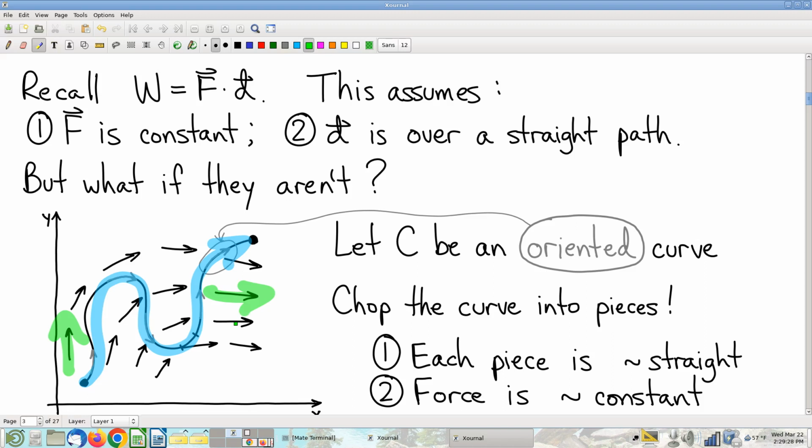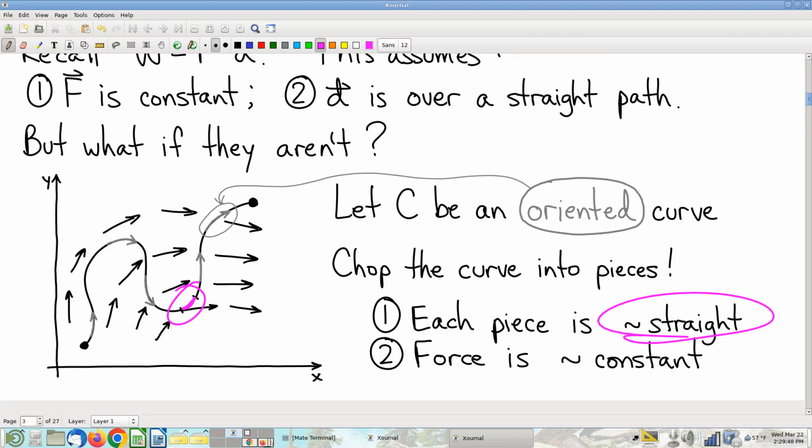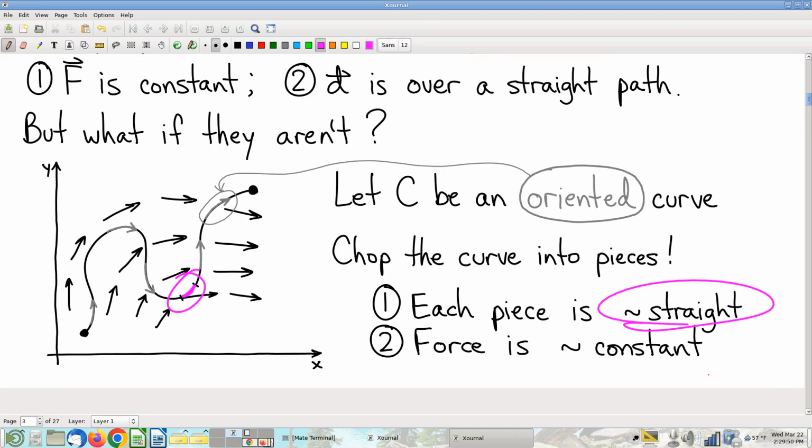And you can probably guess the big picture strategy: chop it up, add it up, the whole is the sum of the parts. I'm going to argue that if I take this entire curve and break it up into little pieces, such as this little piece of curve right there, that little piece of curve by itself is approximately straight. Not exactly. Close enough, though. And on that little piece of curve, well, the little piece of curve is small.